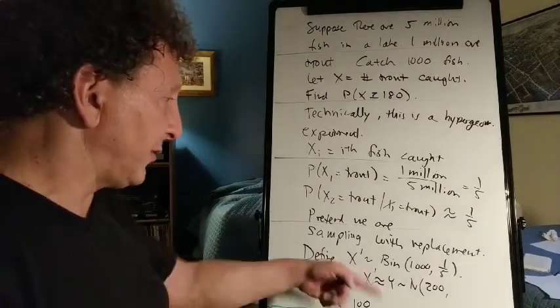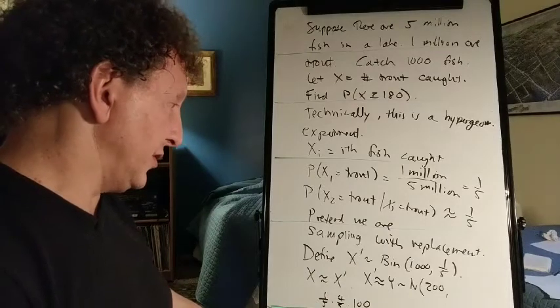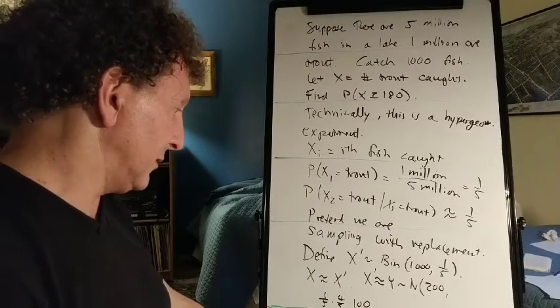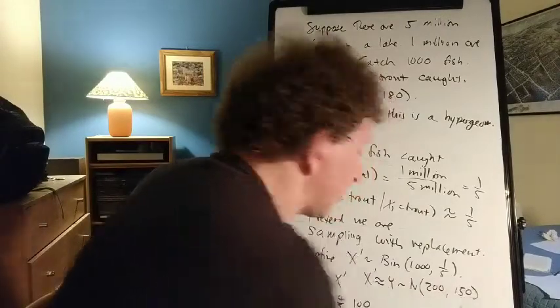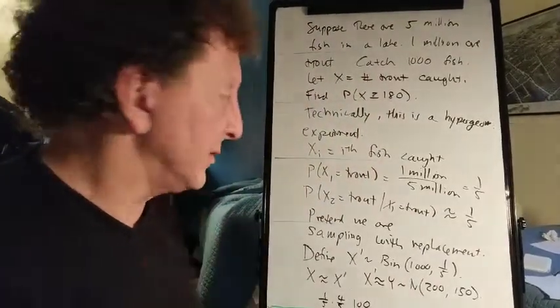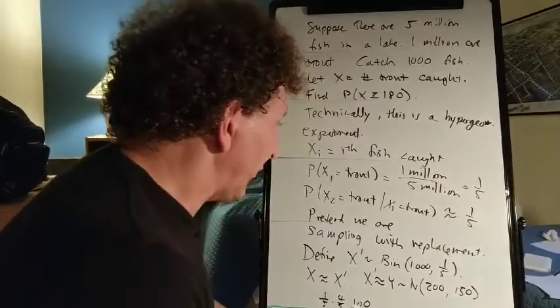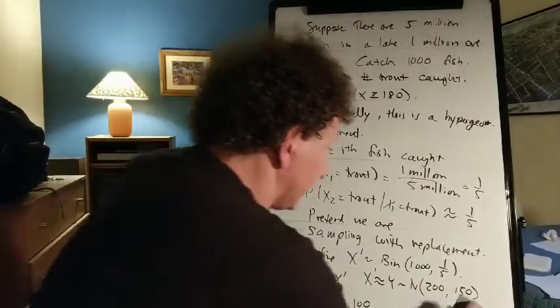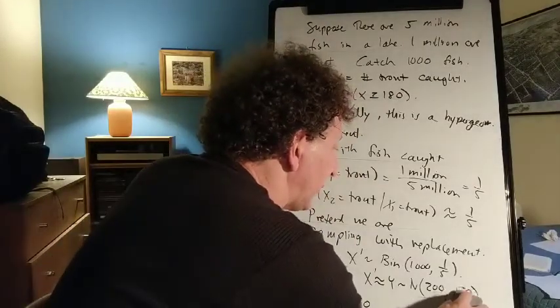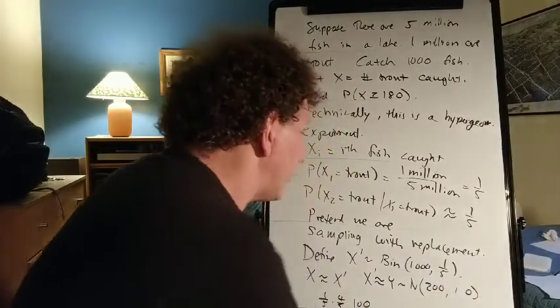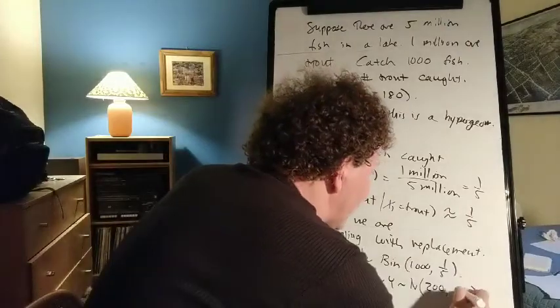So I guess 4/5 of 200, which is 150. Sorry, that's 3/4. A fifth of 200 is, fifth of 100 is 20. So a fifth of 200 is 40. 4/5 of 200 is 160.